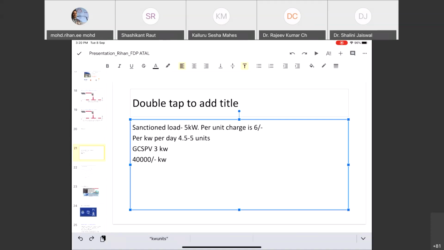So if you calculate it, 15 units into per unit charge 6, so 90 rupees per day you are saving.